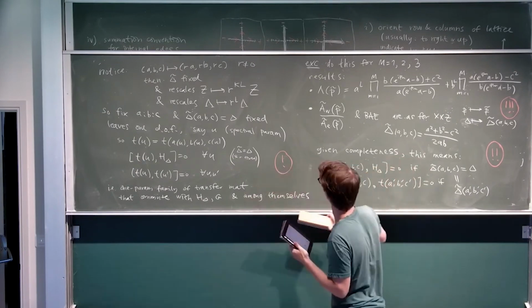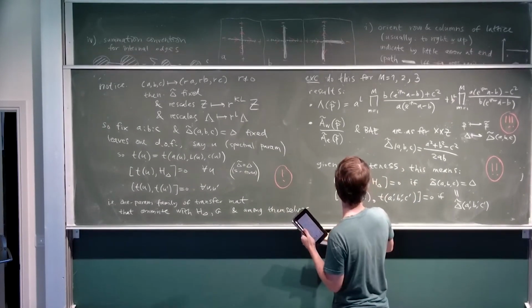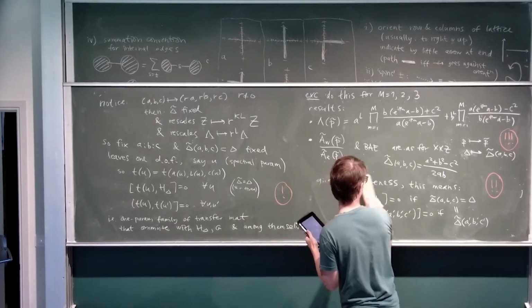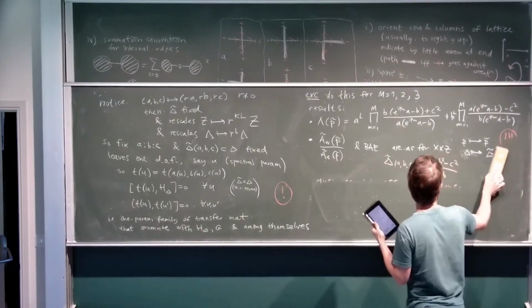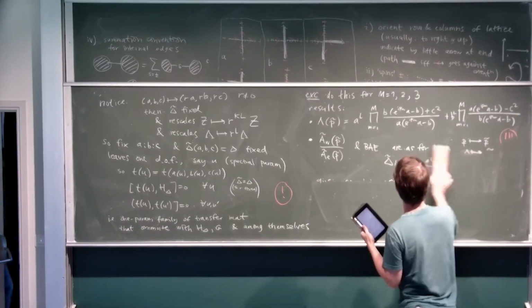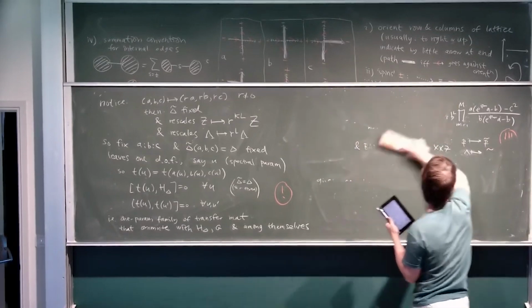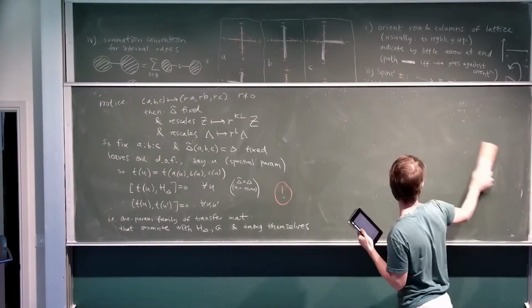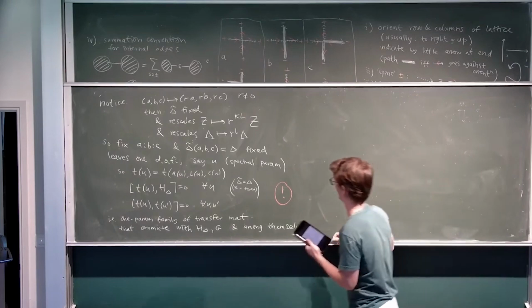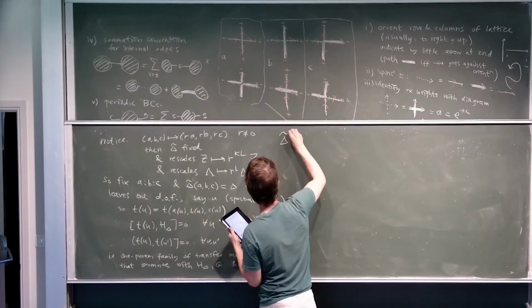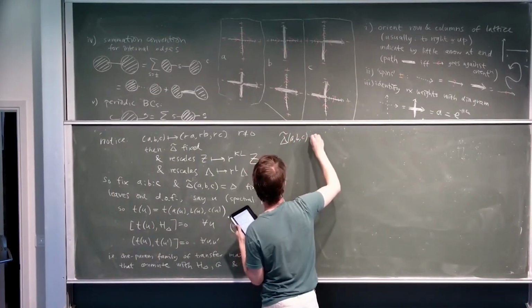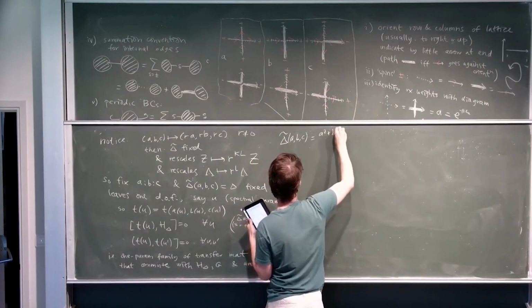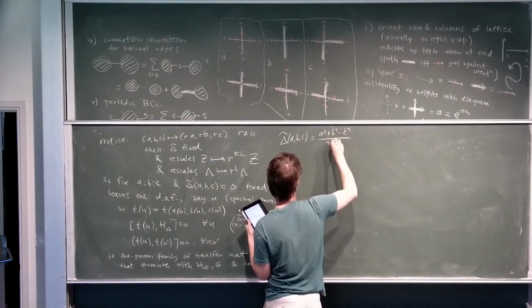So let me work that out in a little bit more detail to finish. I'm going to write the delta again because it's important. So delta tilde of A, B, C was A squared plus B squared minus C squared over 2AB.